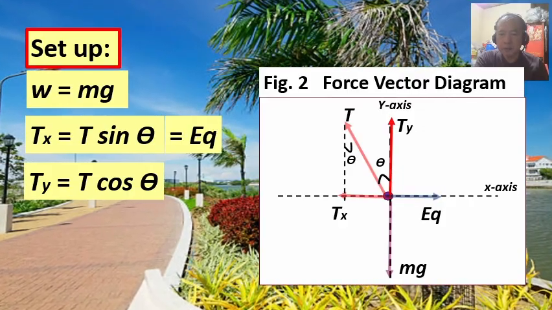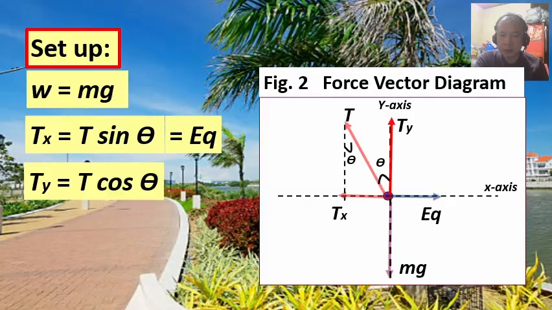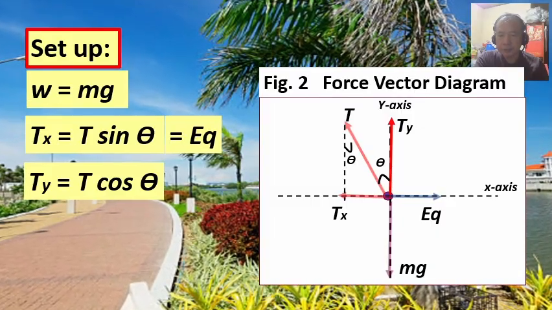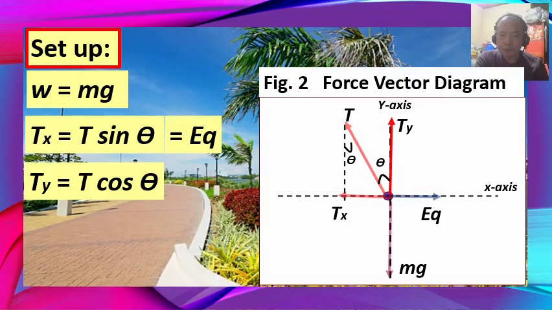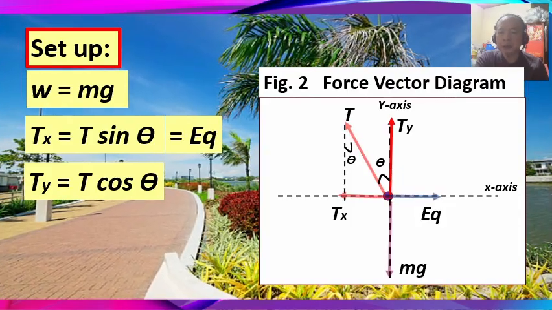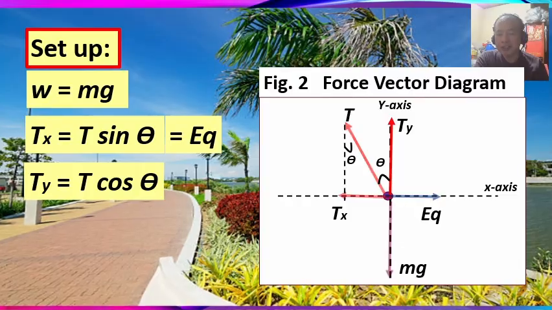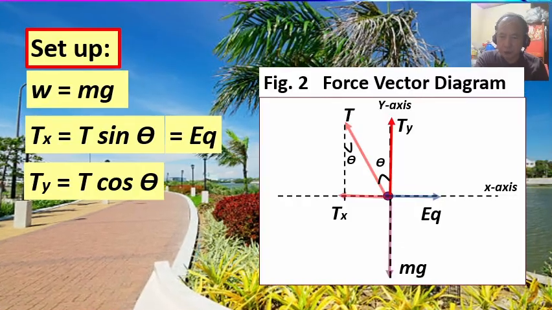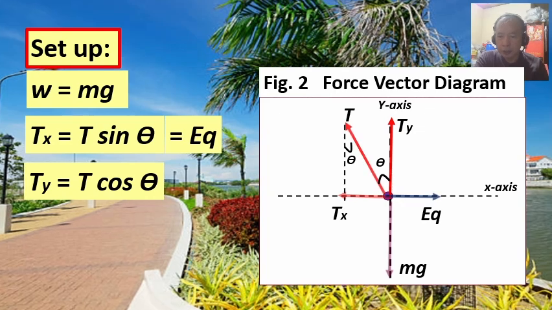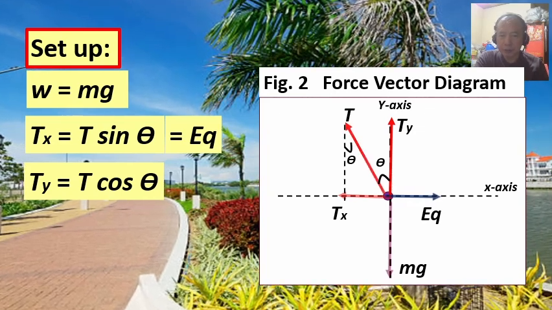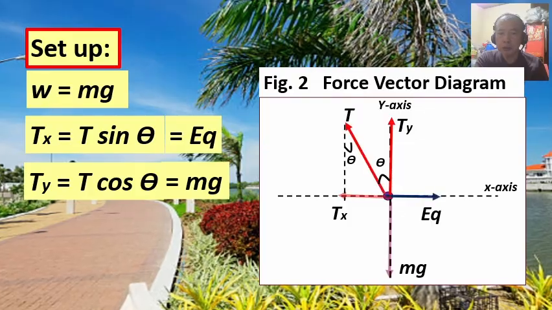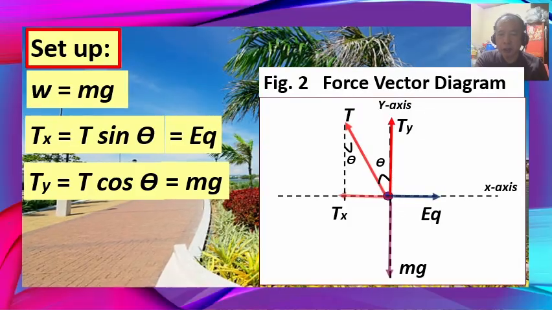And for the vertical component Ty, the force of gravity or the weight of the sphere also has the same magnitude but opposite in direction to T sub y. That's why T sub y can also be equated to mg, or the weight of the sphere.